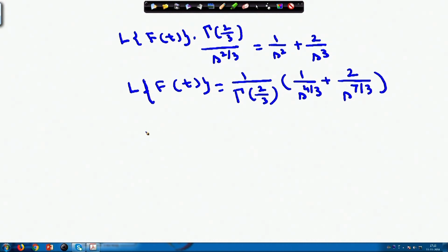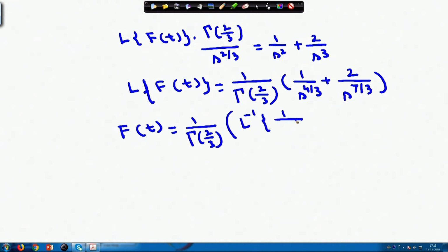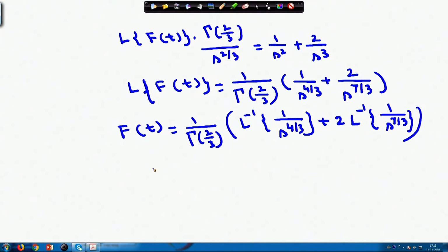And therefore, f(t) equals 1 by gamma 2/3 into the Laplace inverse of 1 by s to the power 4/3 plus 2 into the Laplace inverse of 1 by s to the power 7/3, and I know the inverse Laplace transform of both of them.